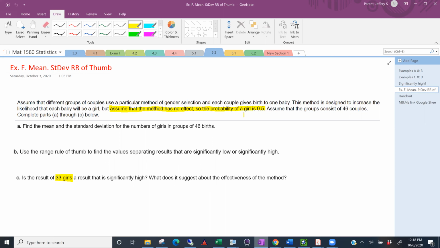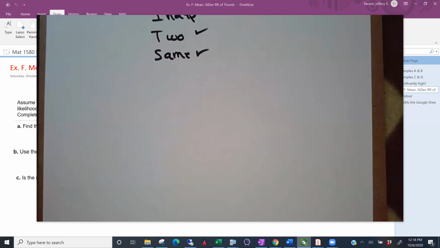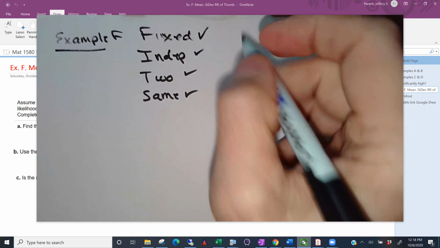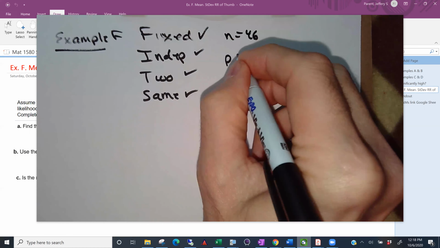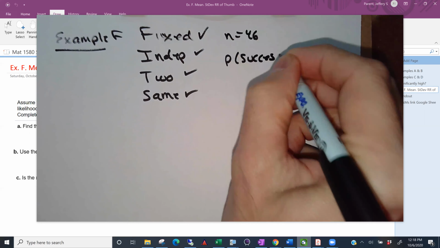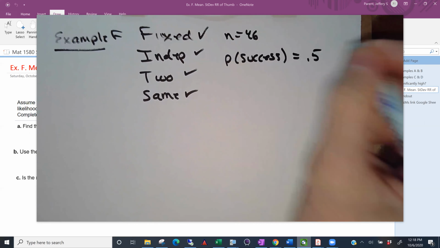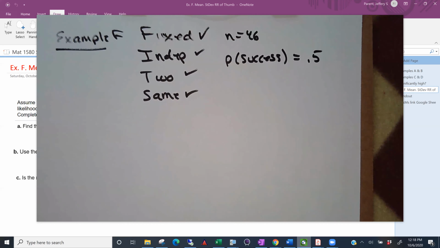And is that probability the same all the way through the experiment? All 46 couples? Yes, we're assuming that. That's an assumption that the probability of a girl is 0.5. Okay, cool. So what else do I need here? Well, I need that n equals 46. Probability of success is 0.5. Nice.